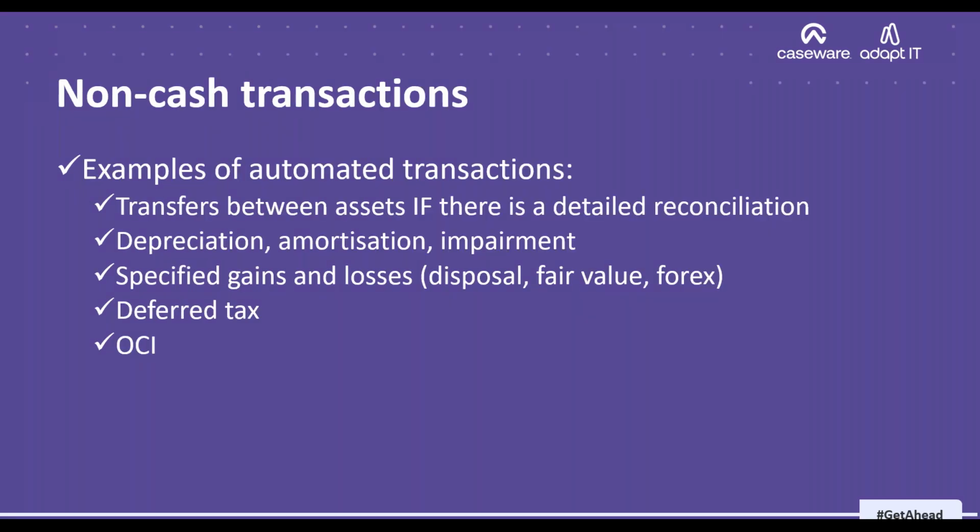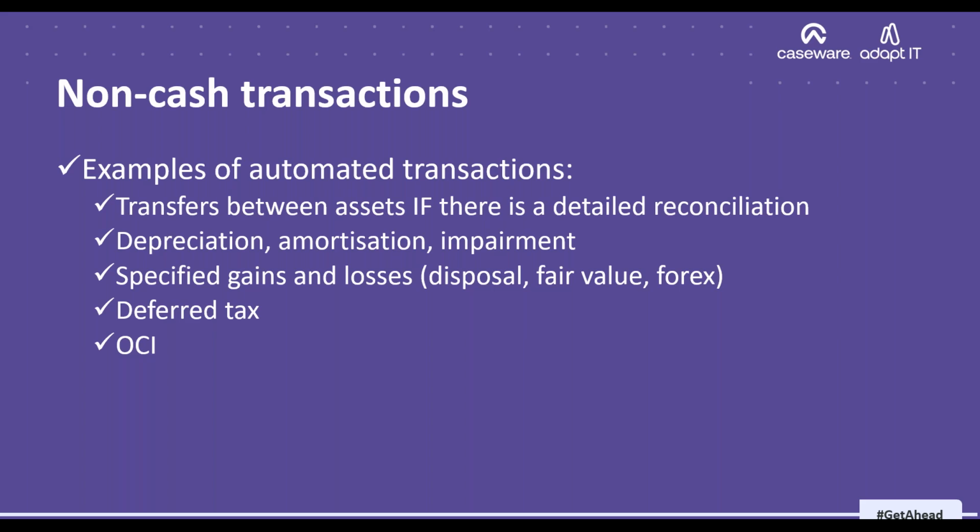Okay, then types of non-cash transactions. The types that are automated by Caseware would be a transfer between asset classes. For example, investment property can be transferred, if it changes its use, between property, plant and equipment and inventories. Those transfers are not cash in nature, so they would come through as a non-cash item.